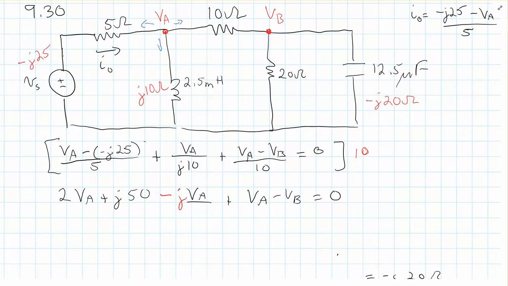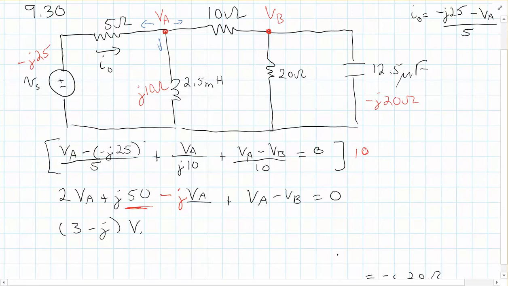Alright, so now let's combine terms. First off, I'm going to move this term to the other side and then combine things. So I've got 2VA plus VA, and I've got minus J. So I'd have here 3 minus J times VA, and then I have minus VB is equal to minus J50.